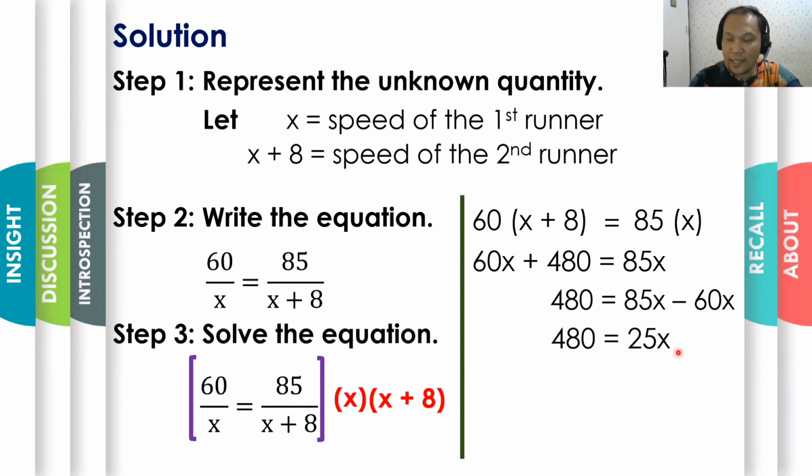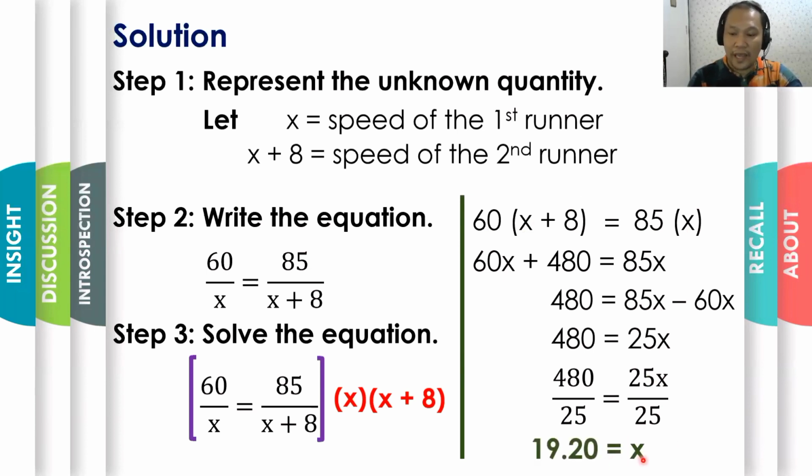Then since our numerical coefficient is 25, we divide both sides by 25. Thus, our answer will be 480 divided by 25 is equal to 25x all over 25. Thus, our x is equal to 19.20.